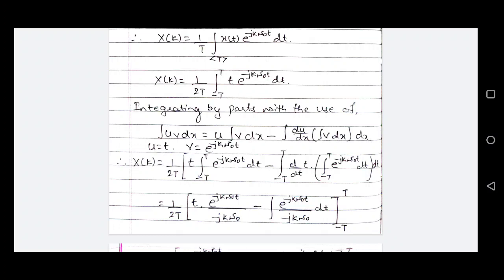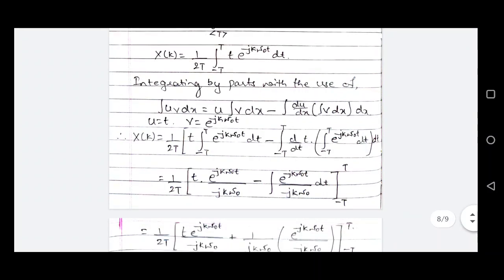So with respect to our problem, let us consider t as u, and the second function e to the power minus jk omega naught t as v.